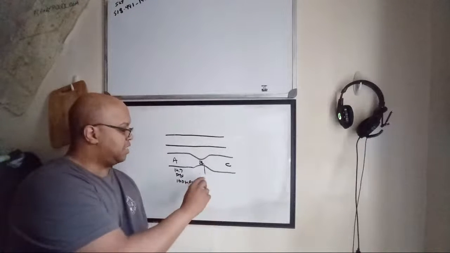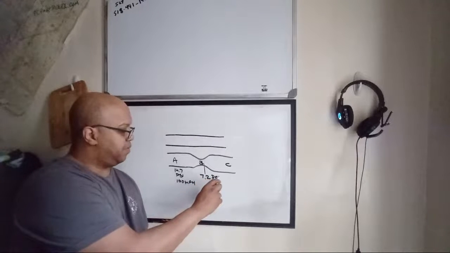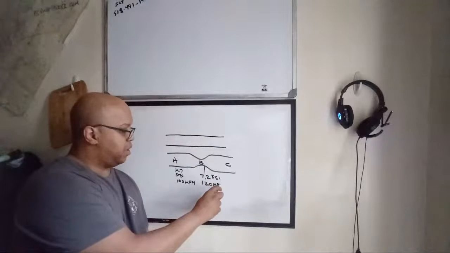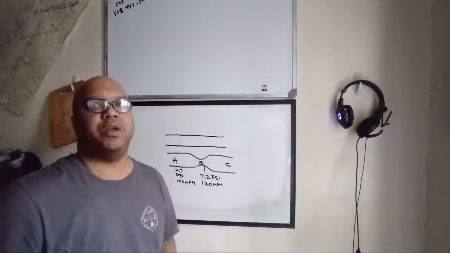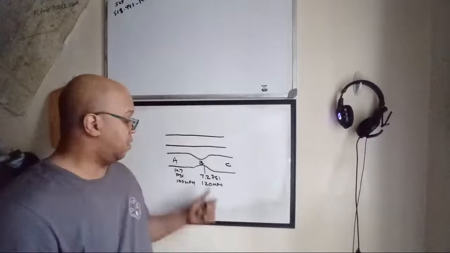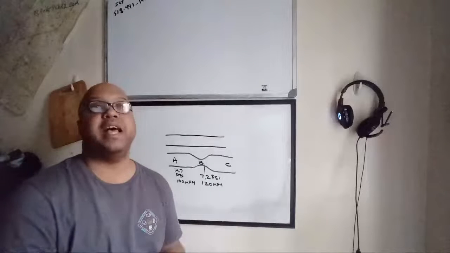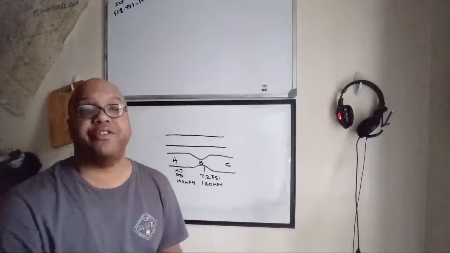What you will find is 7.2 psi and let's say 120 miles per hour. Now, I'm exaggerating the numbers just to give you a feel of, okay, wow, it really sped up here, and the pressure dropped. As the velocity of a fluid increases, its internal pressure decreases.